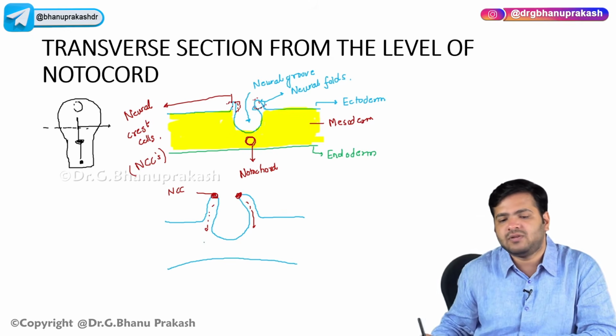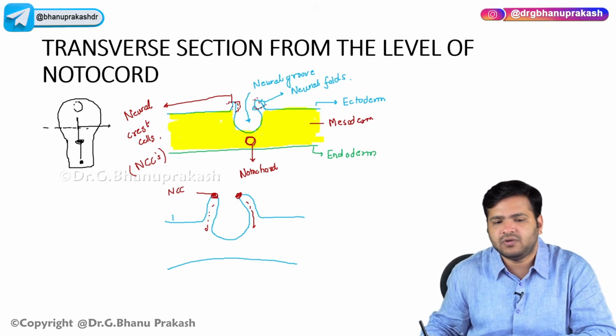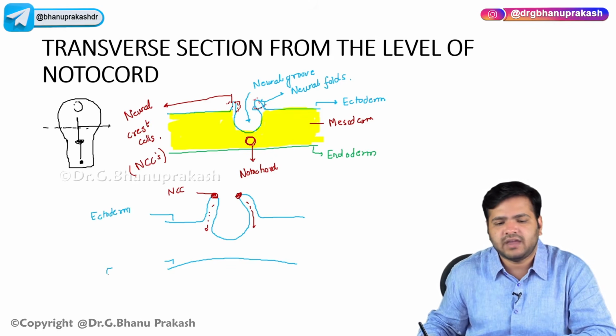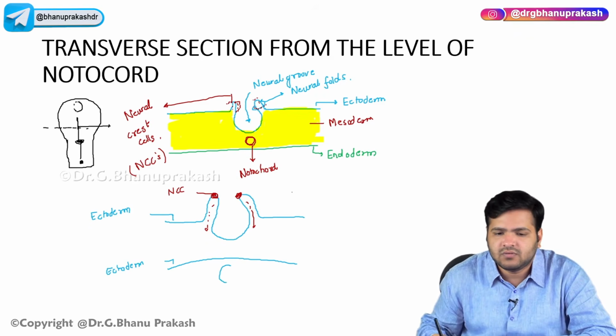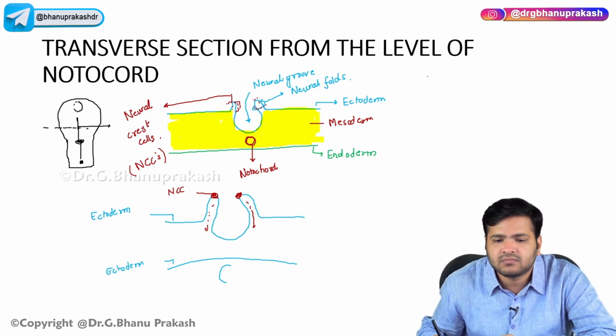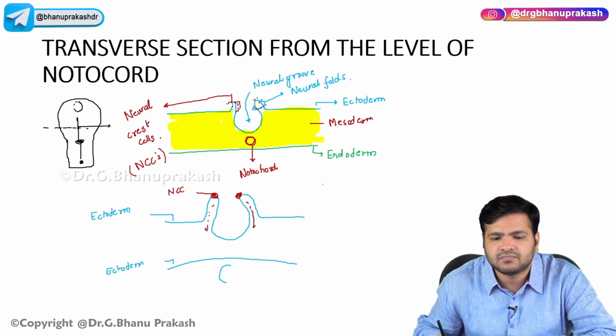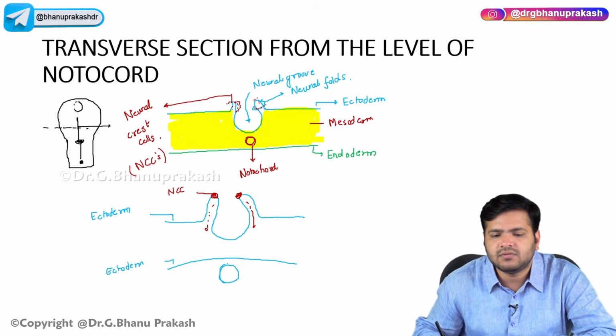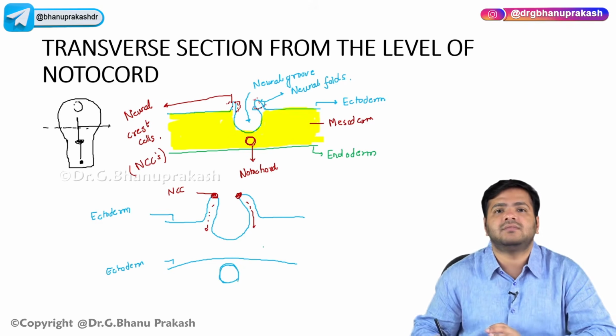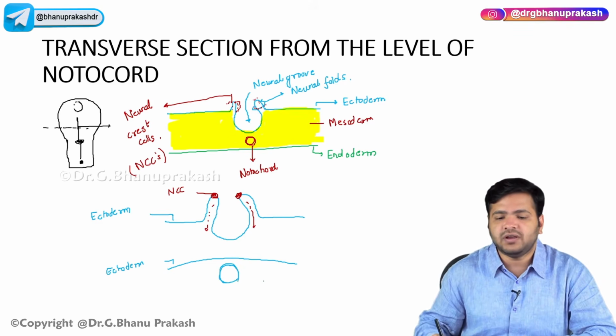the pouch will also invaginate. So I'm just drawing this ectoderm only. You can draw the entire thing again. So remember that this is the ectoderm only. So what will happen? This outpouching will be there, right? So yes, it is the neural tube, right?